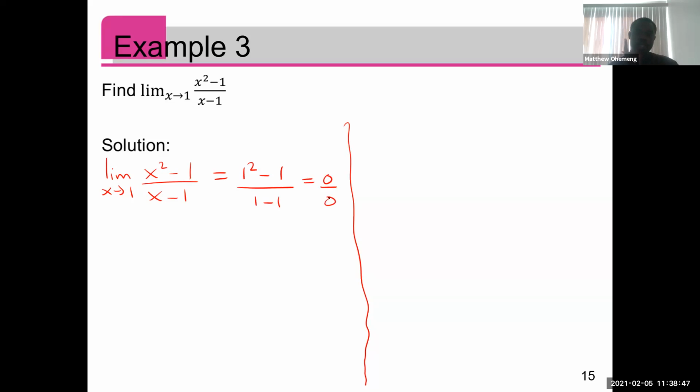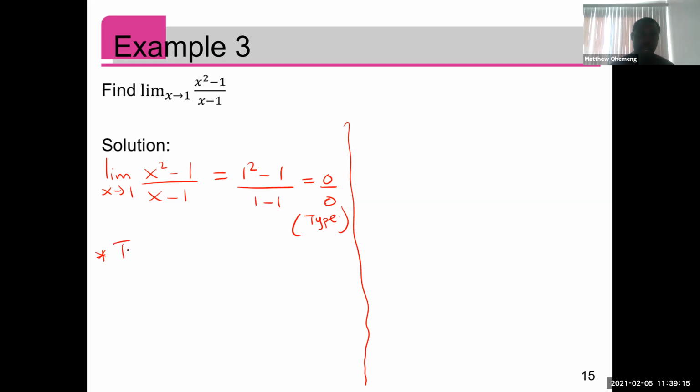Now, this is not a non-zero number over 0. This is 0 over 0. Now, this is another type that you have to learn how to compute, right? This one is undefined, but it's a type which is 0 over 0. The numerator is 0, and the denominator is also 0. So now, this is a new thing I'm teaching you, right? So whenever you try to evaluate a limit and you get type 0 over 0, then this is the route to go, right?